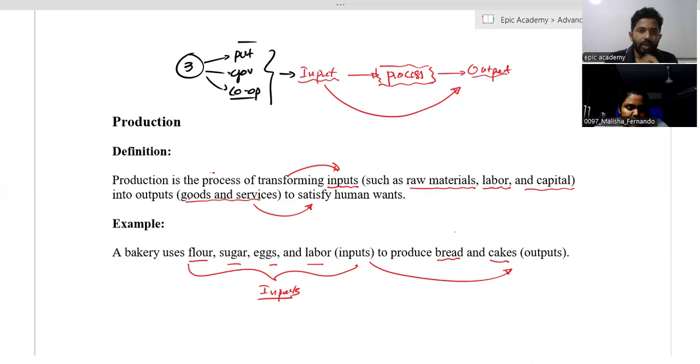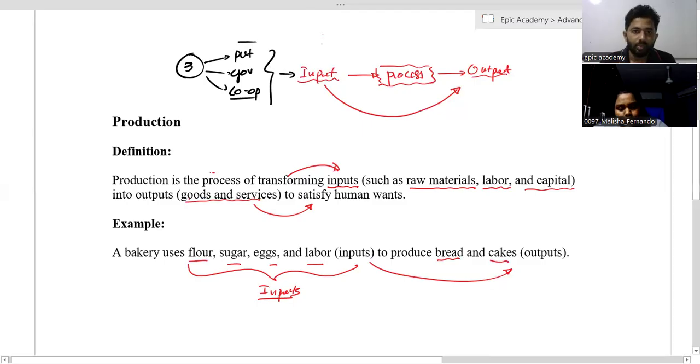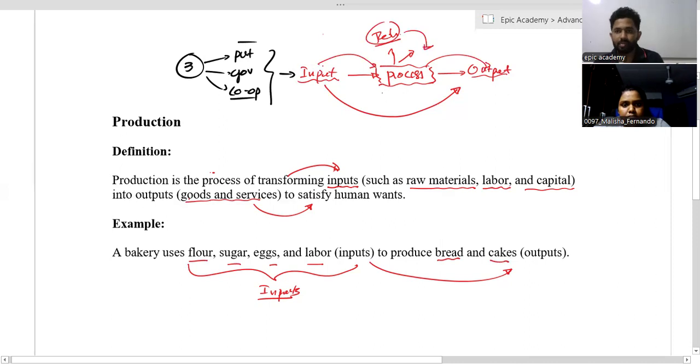Production is a process of transforming input into output. Input, process, output. This process can be done by using technology, or scientific methodology, chemical or something like that. The transformation mechanism can be created by a scientific method. It can be technology or chemical activity.